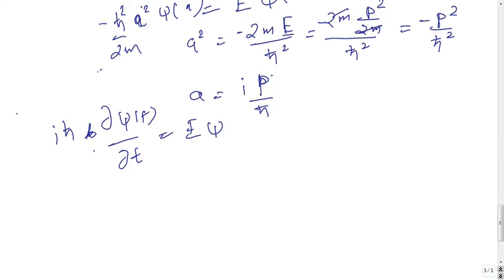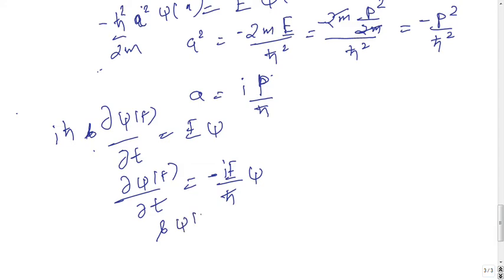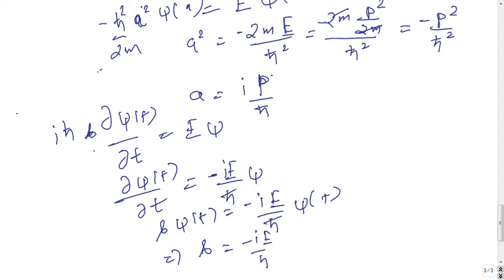You can look it up in any math book. Del psi by del t would give me b times psi, and it implies that b is minus iota E by h bar.